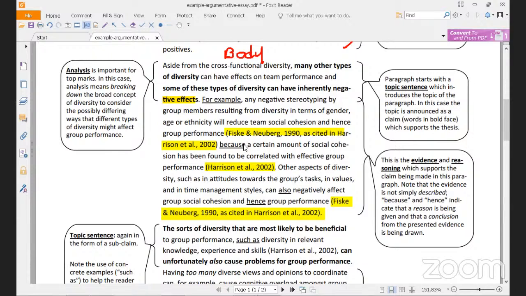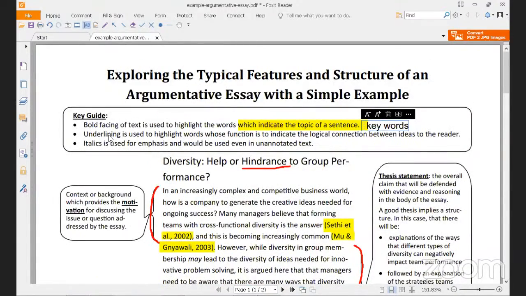These words underlined. How do we call those words? Remember? Oh, they are conjunctions. Transitions. Oh, okay. Transition words. Transitional words, yes.